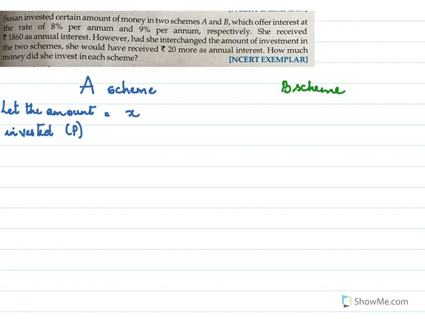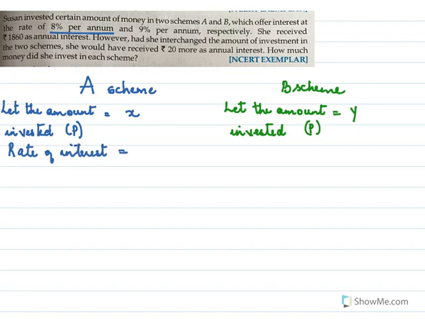And in scheme B, let the amount invested be Y rupees, we call this also principal. Now we have seen in scheme A, the rate of interest offered is 8%. So rate of interest is 8%. And for scheme B, the rate of interest is 9%.